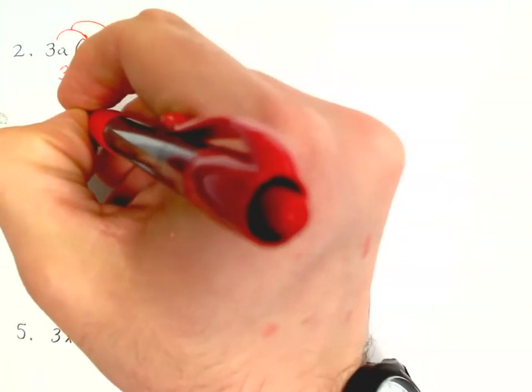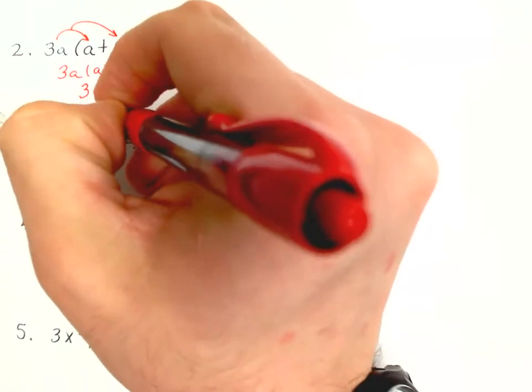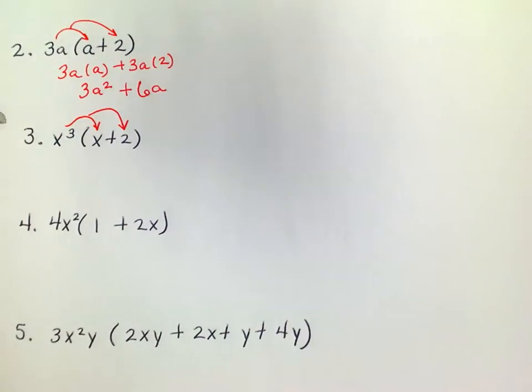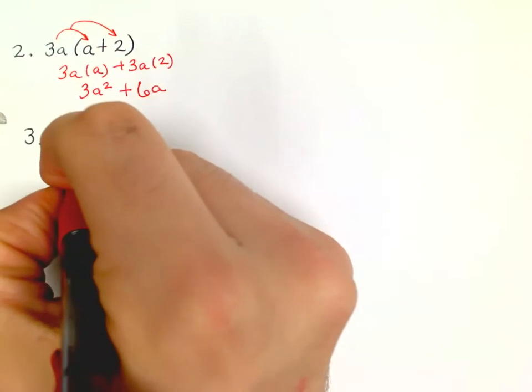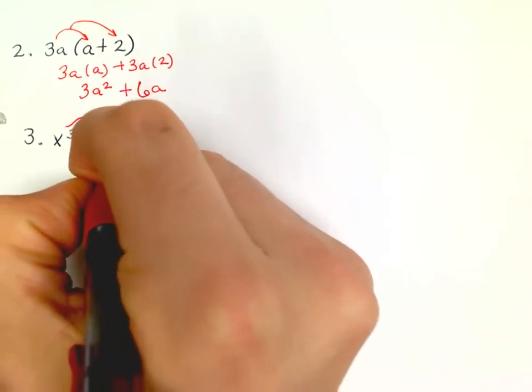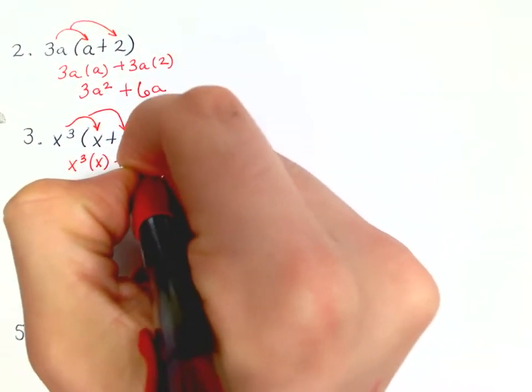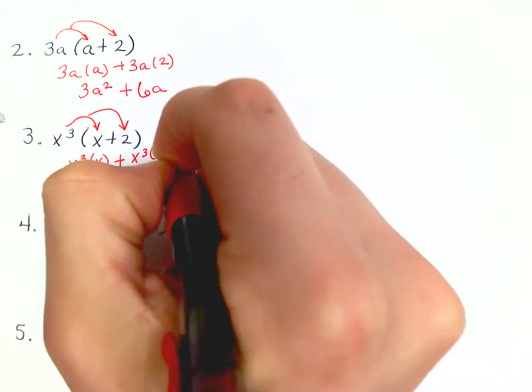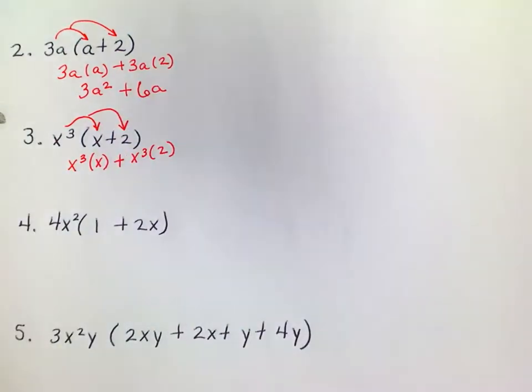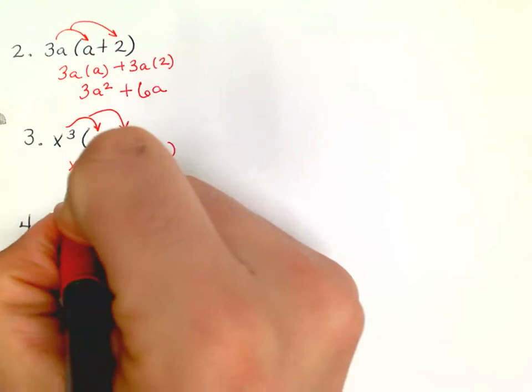Let's use the distributive property to bring the x cubed across everything else inside the parentheses. So we have x to the third times quantity x plus 2. Using the distributive property, we're going to say x to the third times x plus x to the third times the 2. That's the other part left in the parentheses. So we can simplify.